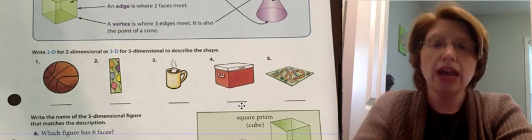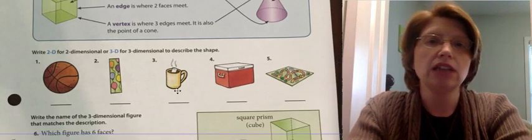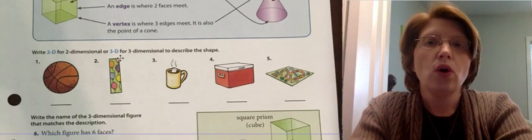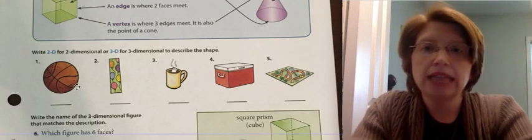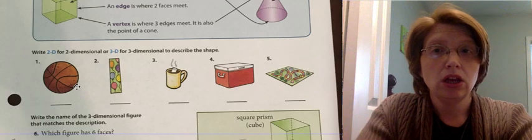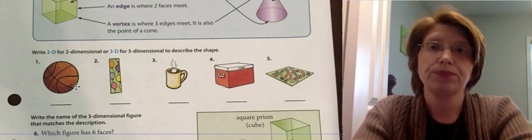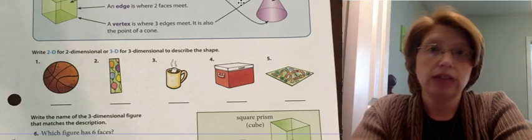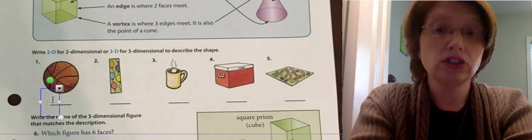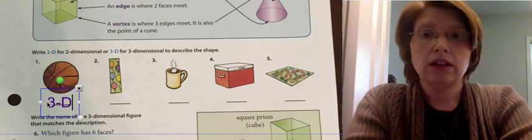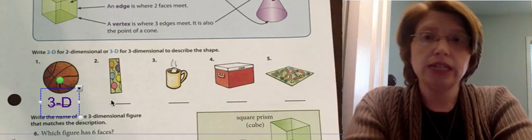Okay, so now we need to decide if these objects are 2D or 3D. Is a ball 2D or 3D? It's 3D because it is not flat. If it were just a picture, then it would be 2D, but that's 3D.